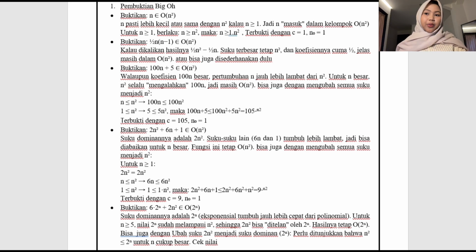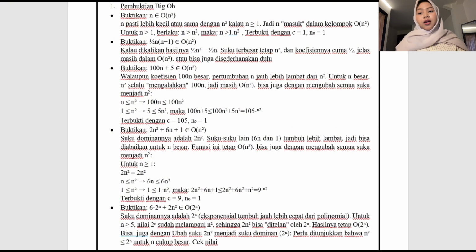For any n greater than 1, n is always less than or equal to n squared. So we set c to 1 and n0 to 1, proven.